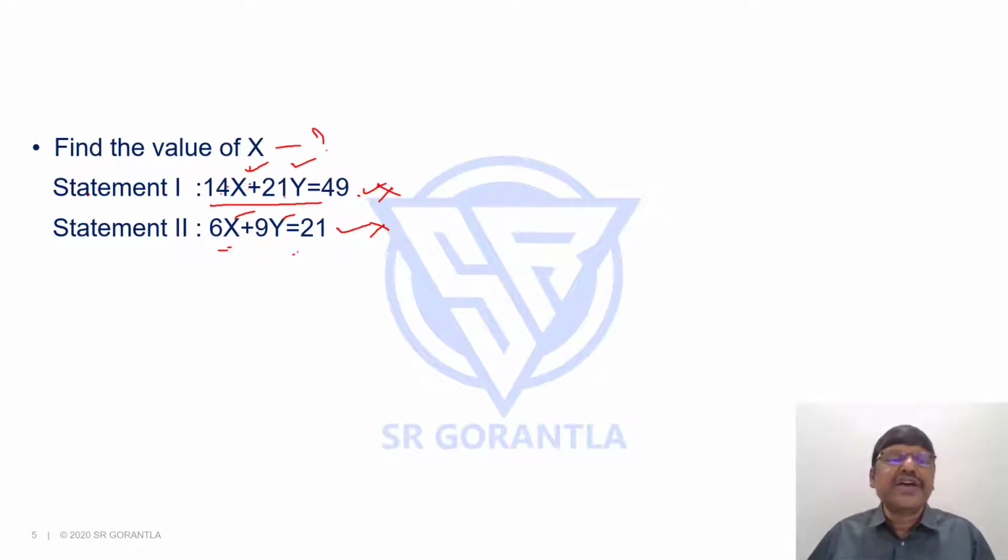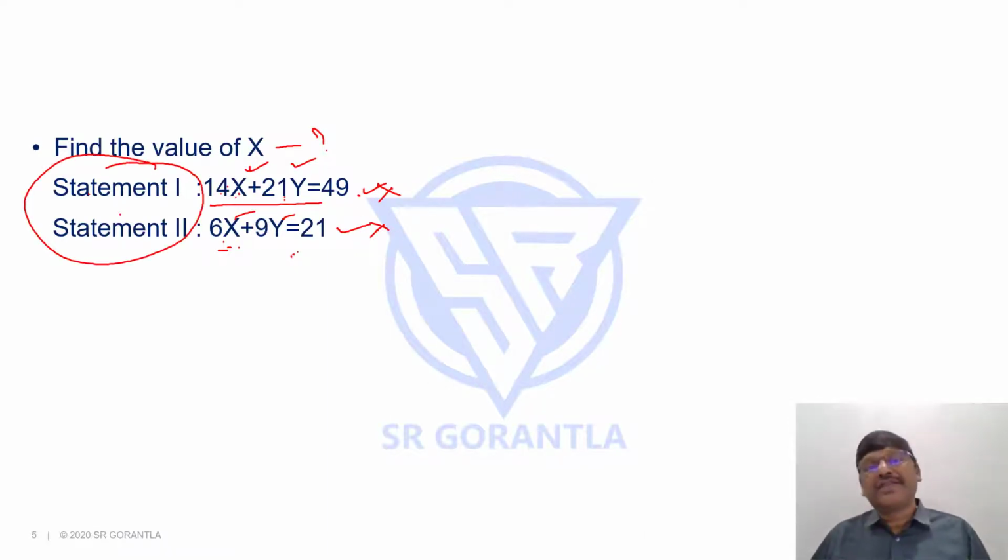First you ask yourself, is statement 1 alone sufficient? No, there are two unknowns, one equation, not sufficient. Is statement 2 alone sufficient? No, there are two unknowns, one equation, not sufficient. Then the next question is, can I answer with the help of both together? Yes, there are two unknowns, two equations. Yes, we can. So can I say the answer for this also is choice 4?